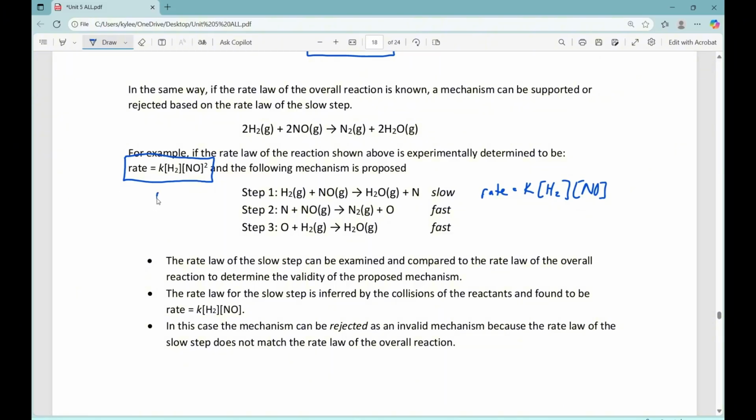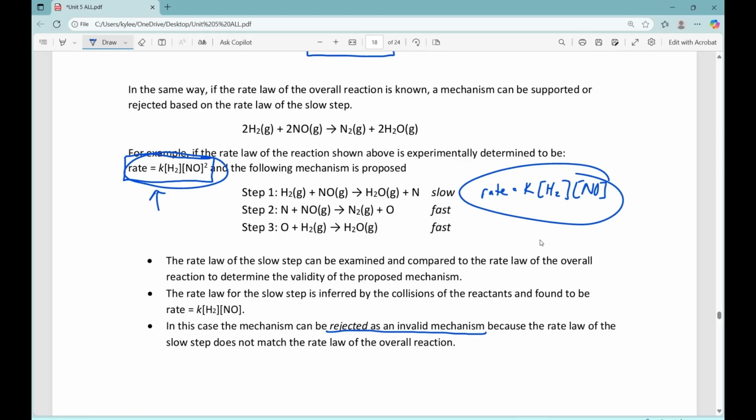So experimentally, they found this one. So my mechanism doesn't make sense for the rate law that I determined experimentally. So we can actually reject this as an invalid mechanism because the rate law of the slow step does not match. This should match the overall rate law if the slow step is the first step.